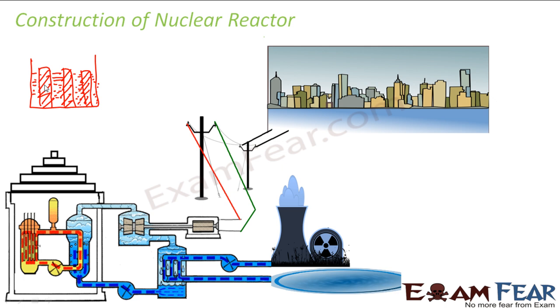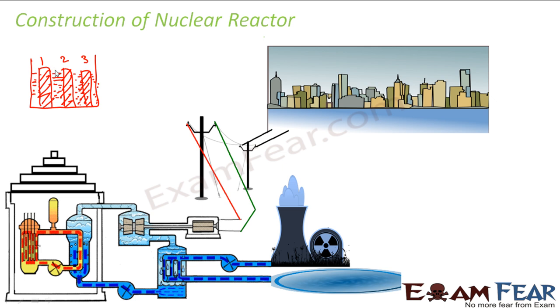Whenever one neutron strikes this uranium rod, nuclear fission reaction starts and 3 fast moving neutrons are produced. Before these 3 fast moving neutrons could escape, they undergo elastic collision because of the moderator. So they get slowed down before they could encounter the second rod. This is my first rod, this is the second rod, this is the third rod.